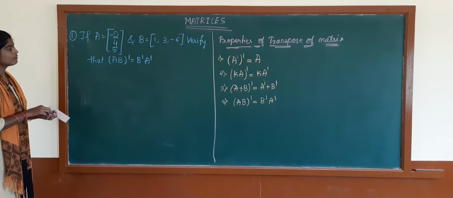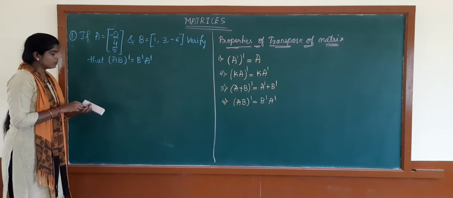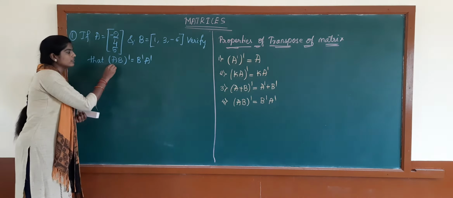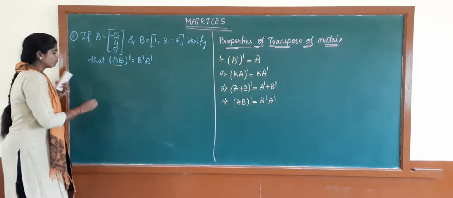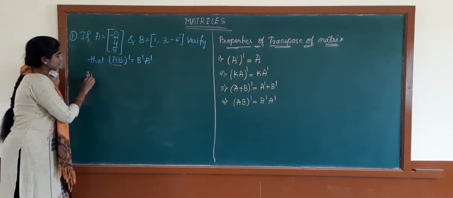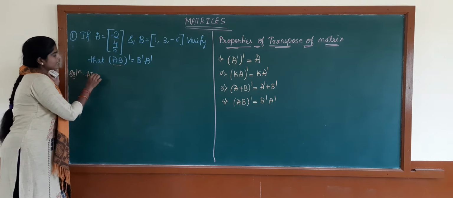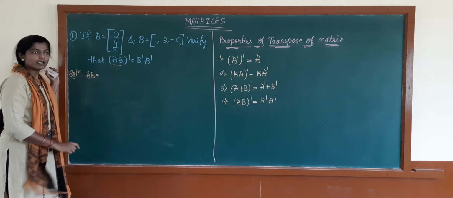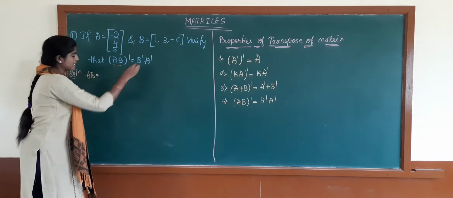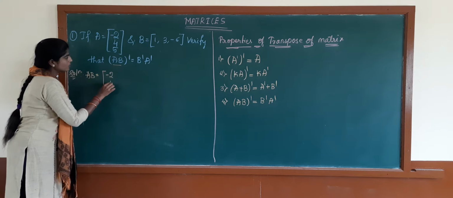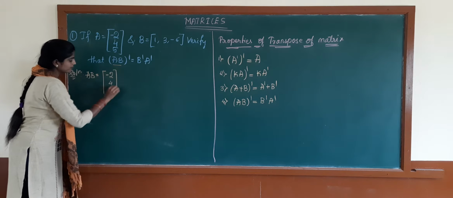So to get AB transpose we require first AB. So we have to multiply A and B. AB is nothing but we multiply matrix A and matrix B. Here the matrix A is minus 2, 4, 5.